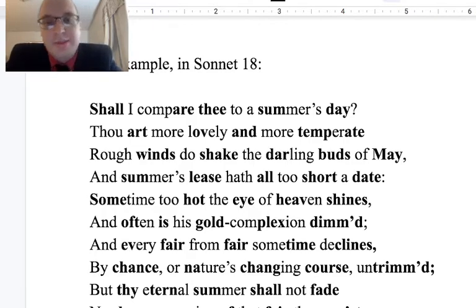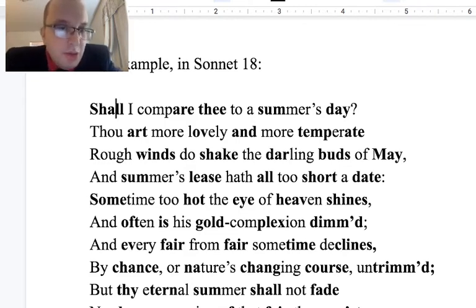So you guys can see what I'm doing here. I'm not going to read the whole thing, but you can see the general beat of the lines. The first line, I think, starts with a stressed syllable. So shall I compare, there are 2 feet already, then thee to a summer's day. So even though that line's not perfectly iambic, it's mostly iambic.